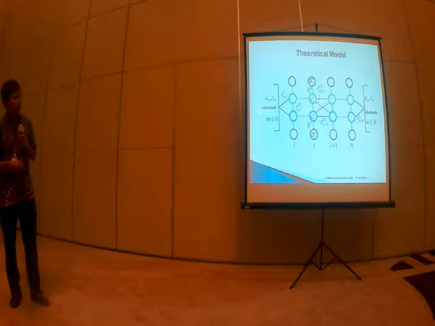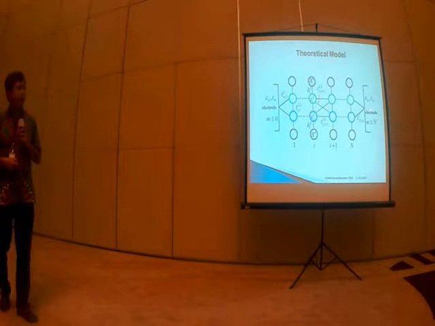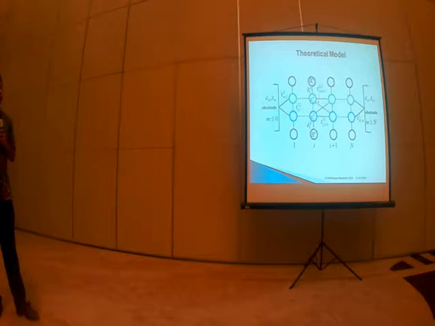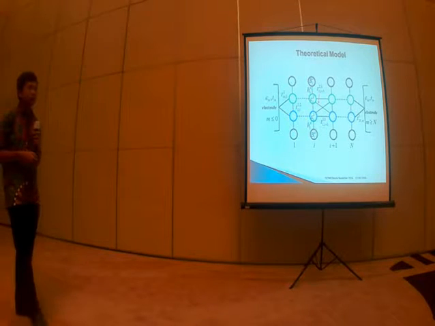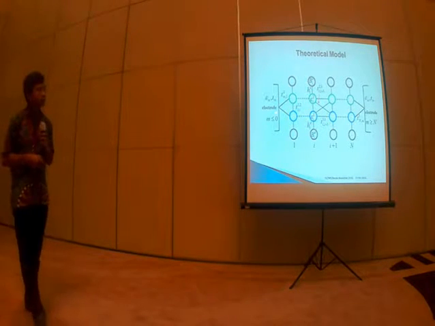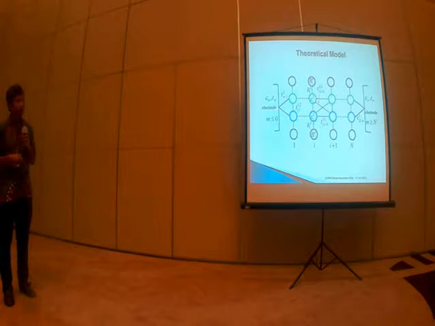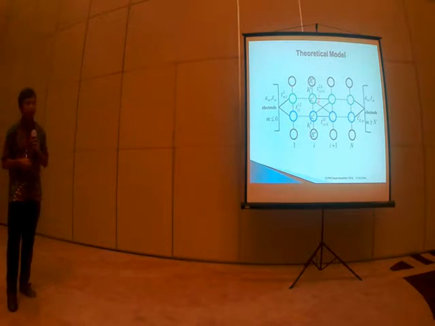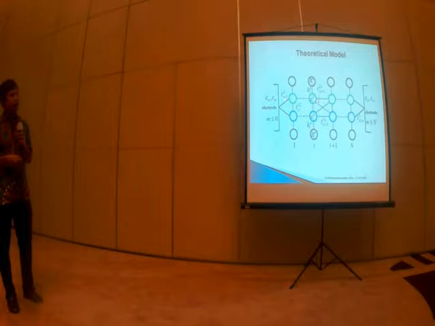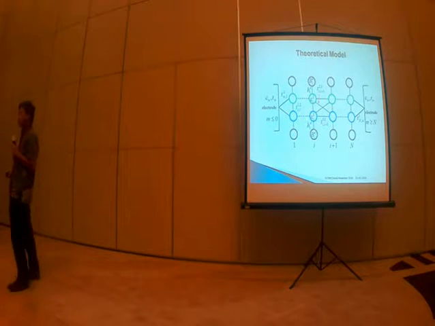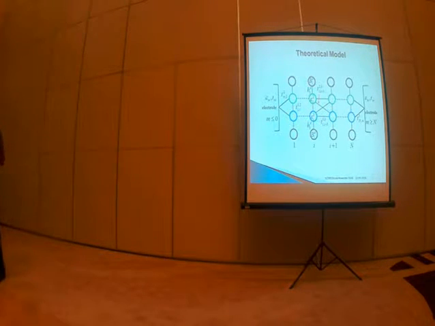This is the left electrode, and this is the right electrode. Electrons can hop from the electrode to the DNA through these paths, and electrons can hop intrastrand following this path, and interstrand this path, and also in between two concentric base pairs following this path.